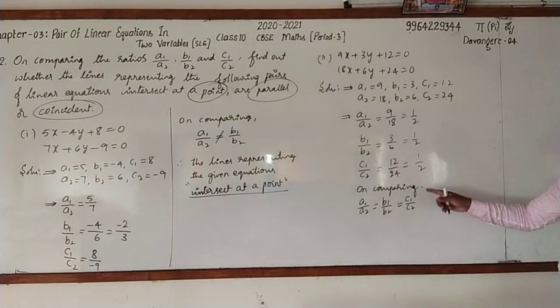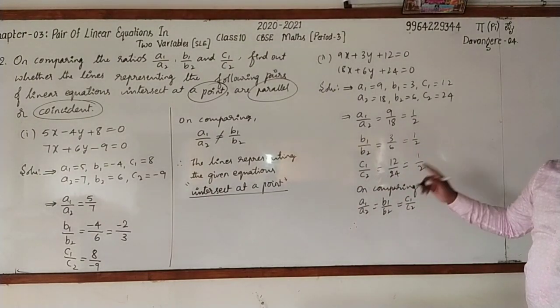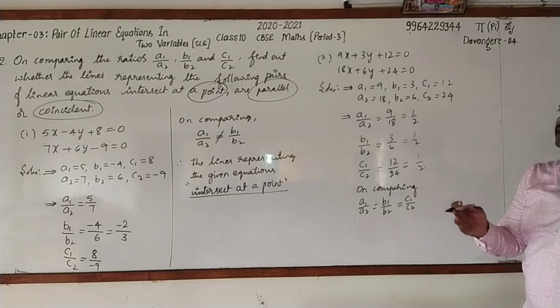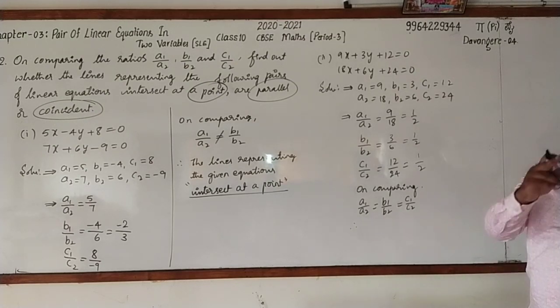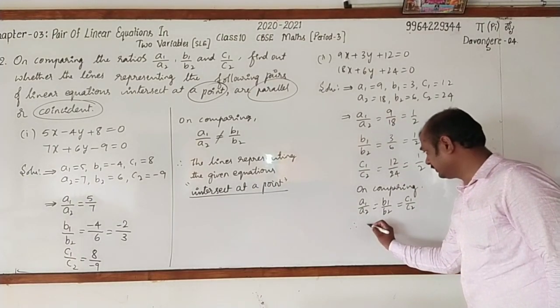If this condition is satisfied, what do you say about the lines? Lines representing the given equations, do they intersect, are they parallel or coincident? Yes, you are right. They are coincident.